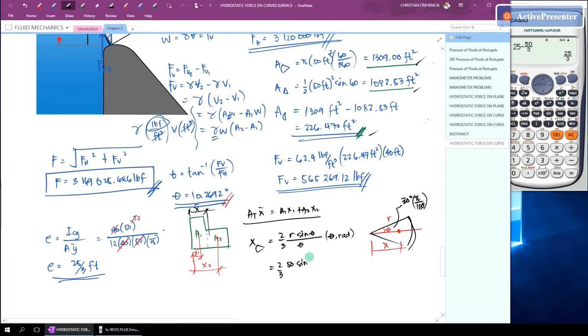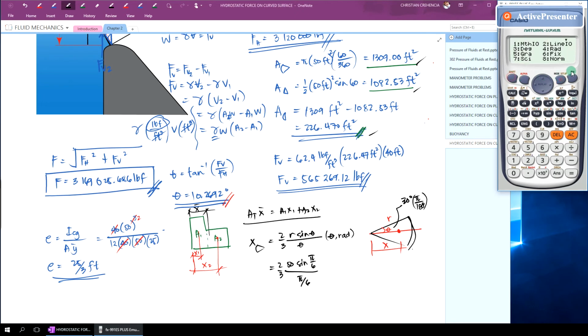So sine of pi over 6, over theta, which is pi over 6. Let's first do shift setup, and set the calculator to radians.